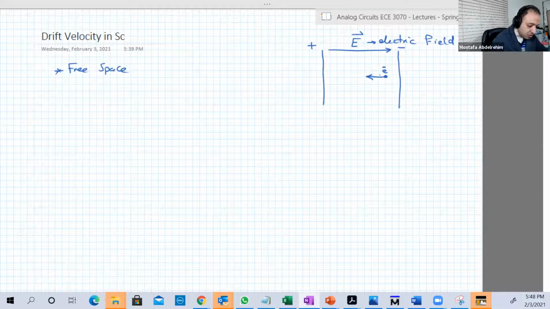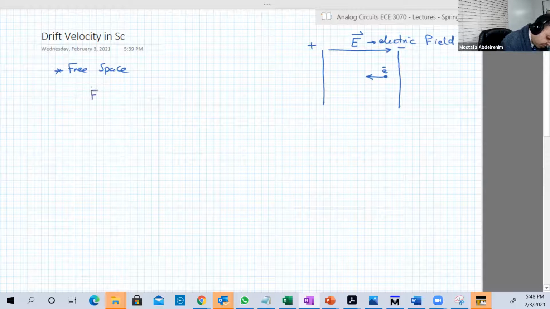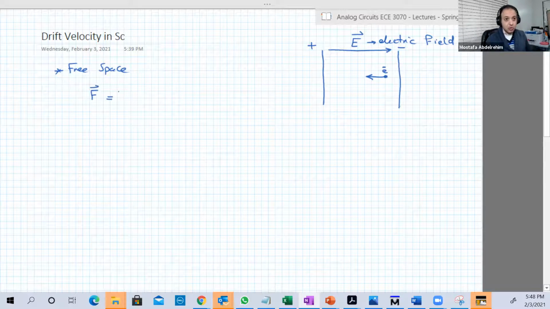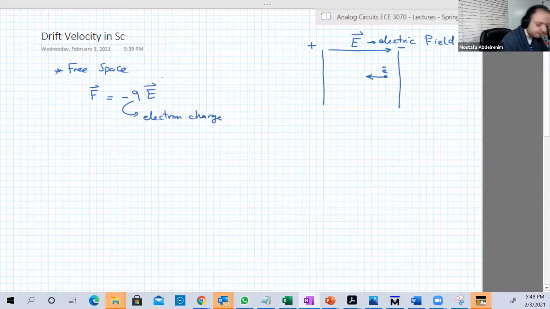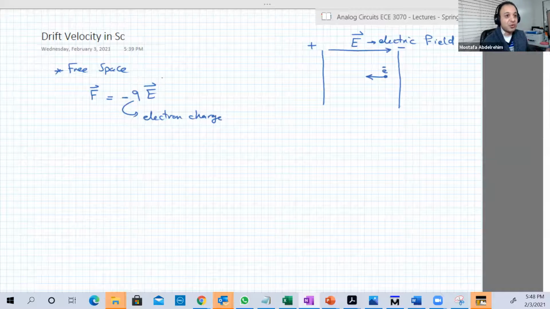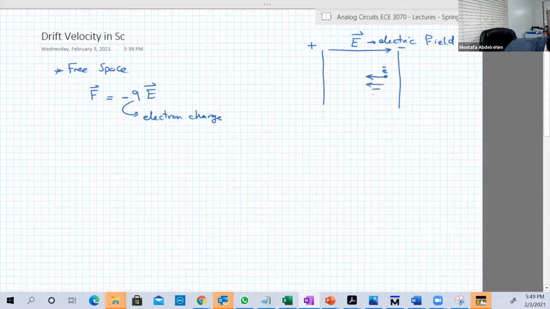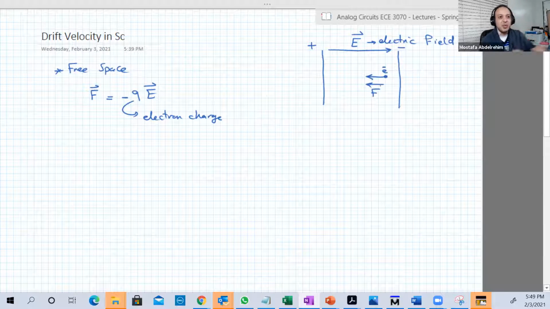This force, let's call it F, and it's also a vector, equals minus q, which is the electron charge, times E. And the force is also in the direction of the electron's motion.